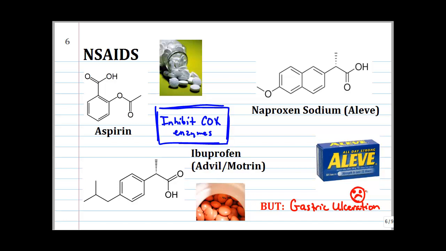And so there was a big effort about a decade ago to try to develop a new class of non-steroidal anti-inflammatory drugs that could relieve pain and inflammation, but not cause this gastric ulceration. Now, these NSAIDs on this page, they inhibit both COX-1 and COX-2.